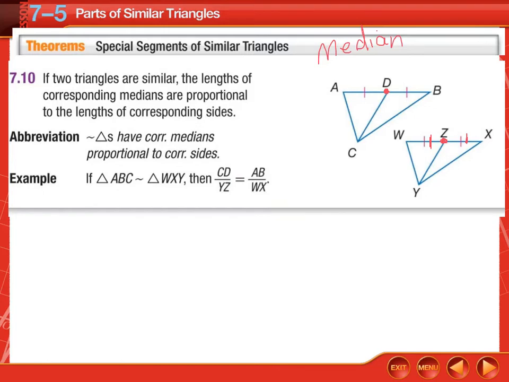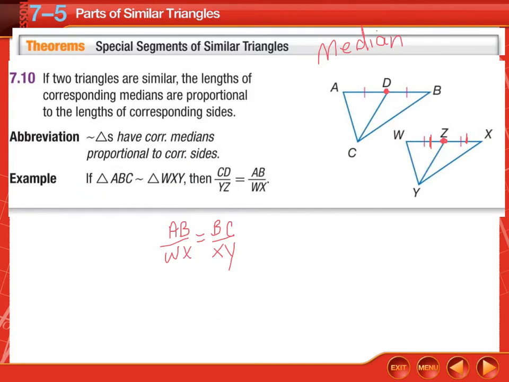Well, let's just start out with what we know is true. AB is to WX as BC is to XY. And we can actually, if we wanted to, even throw the third side on there, but I'm going to focus again just on these right triangles. So we know this is true just based on this similarity statement here.